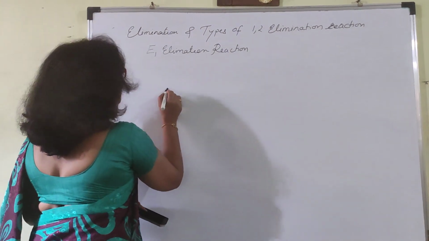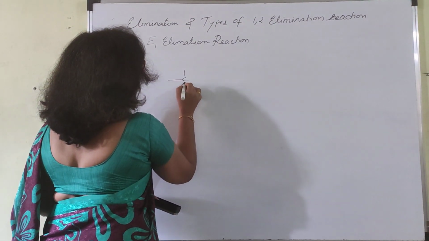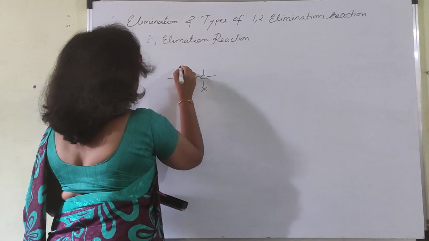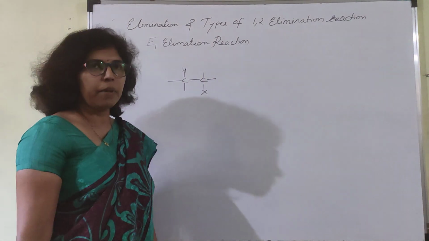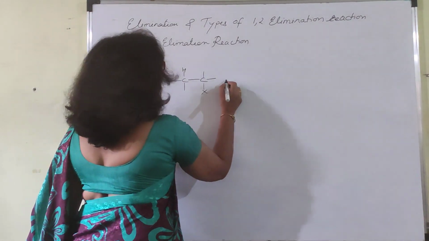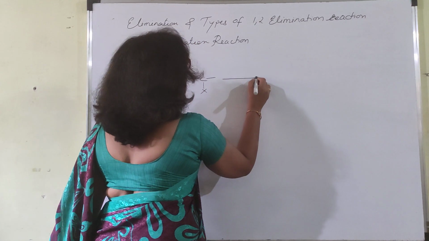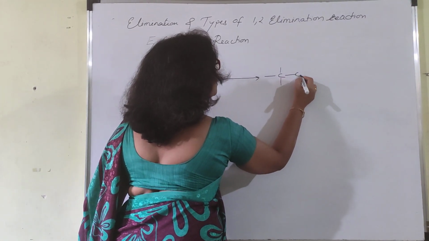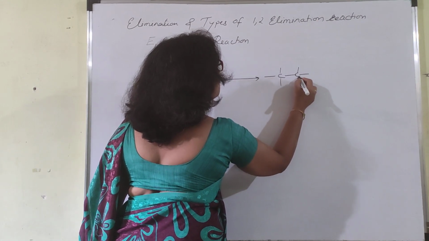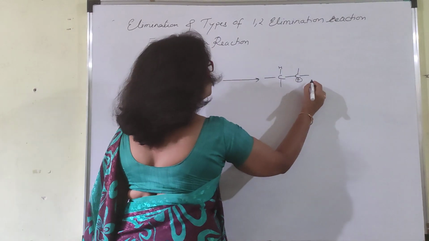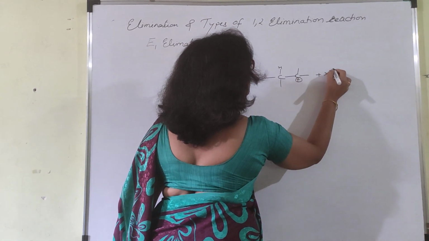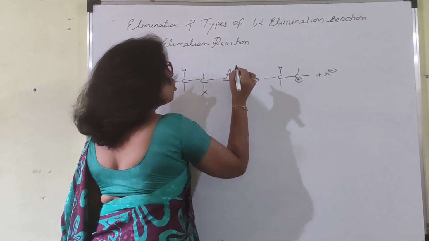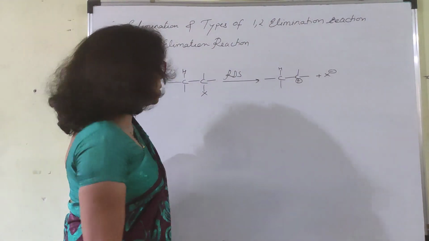E1 elimination reaction is somewhat similar to the SN1 mechanism. So the mechanism over here is that there is loss of the leaving group leading to formation of a carbocation, and this is your rate determination step, or we will call it the slow step.